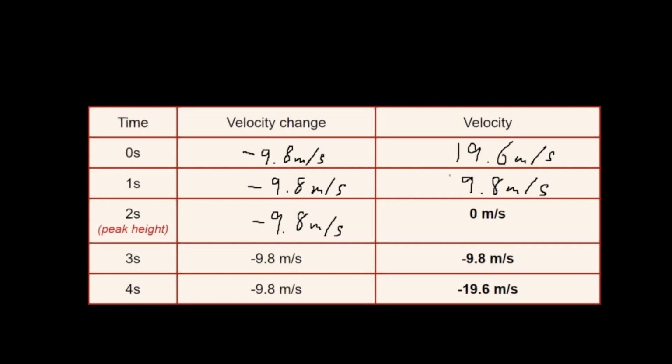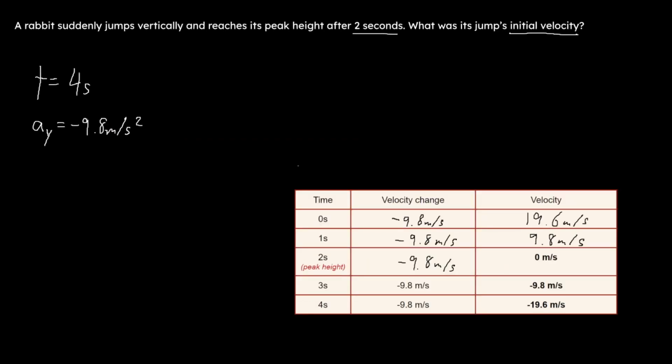You will notice there's a kind of symmetry here. That is because if we try to draw this problem, let's say the rabbit just jumps like that. Since there's no wind resistance, the only force we have here is gravity. So gravity is pulling down here, and once we reach our peak height, that's 0 seconds.